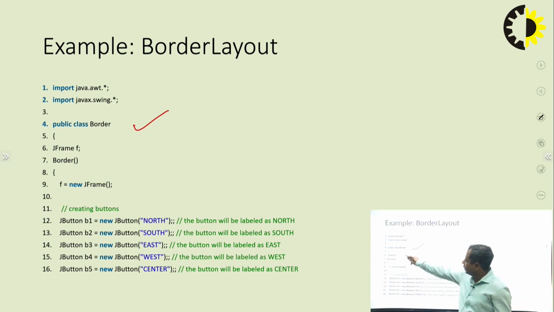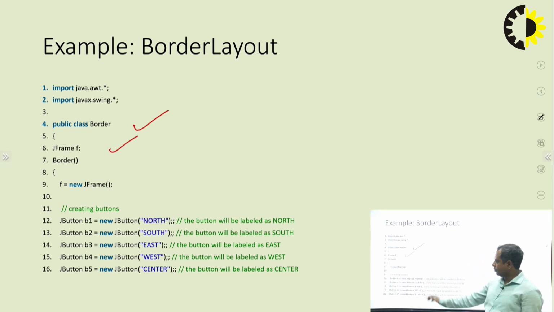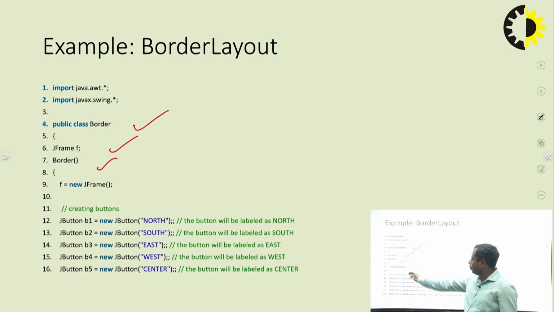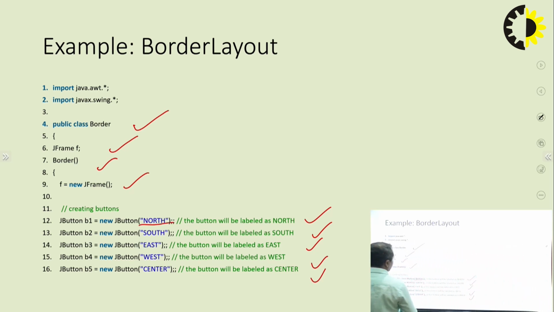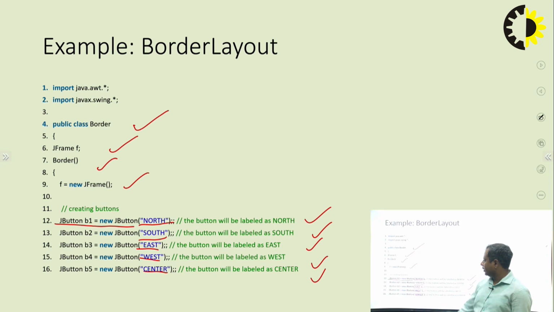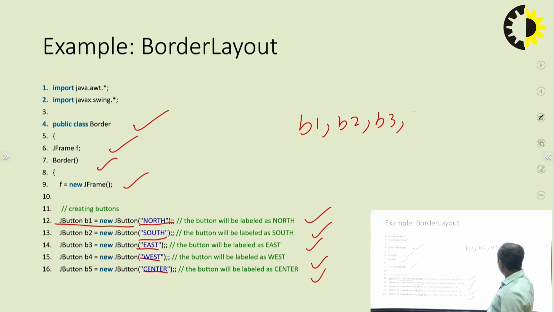In the Border class, we create a JFrame reference variable f, and using this class constructor, we create the JFrame. In the JFrame we create some buttons using the JButton class, B1, B2, B3, B4 and B5, and we assign their names using the constructor: north, south, east, west and center.